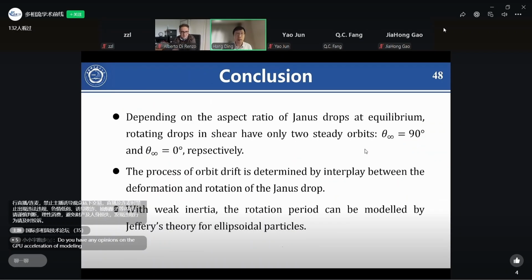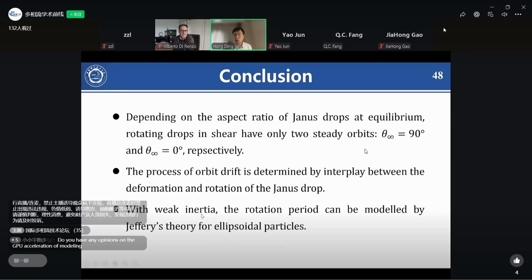So okay, now I can come to my conclusion here. One can see that depending on the aspect ratio of the Janus droplet at equilibrium, a rotating droplet in shear can only have two steady orbits: 90 degrees or 0 degrees. Also, the process of orbit drift is determined by the interplay between the deformation of the outer interface or the inner interface and the rotation of the Janus droplet.